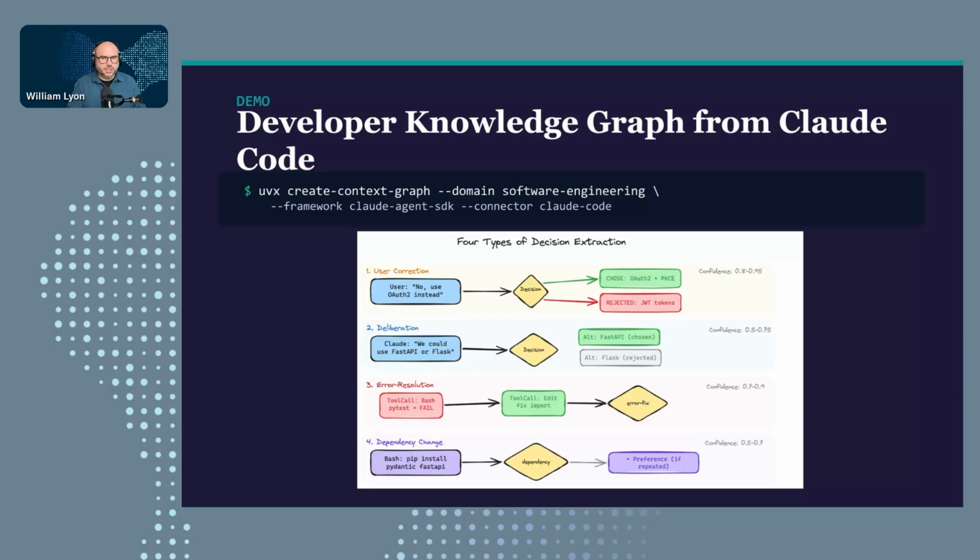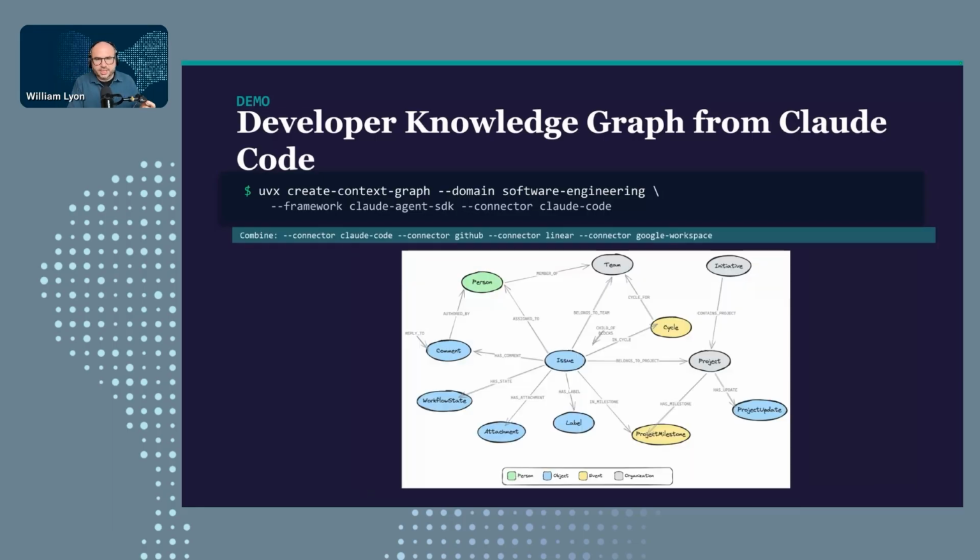Essentially, we're looking for the case where there was some user correction, or maybe the user chose to change a dependency, or there was some error. How did we resolve the error? We were presented with an alternative that was a clear decision that the human had to make, based on maybe an architecture decision, these sorts of things.